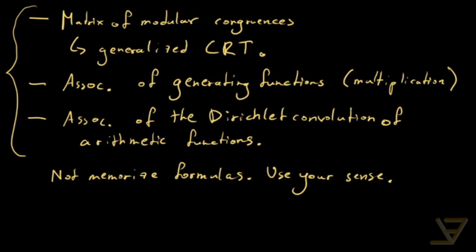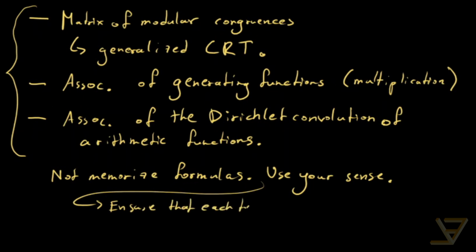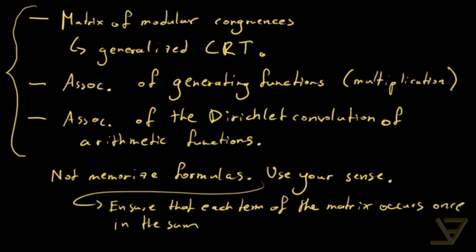What I mean is that you need to ensure that each term of the matrix occurs once in the sum. And the final thing that I want to leave you with is that the sum might as well be a product, because everything we've said works for products as well.